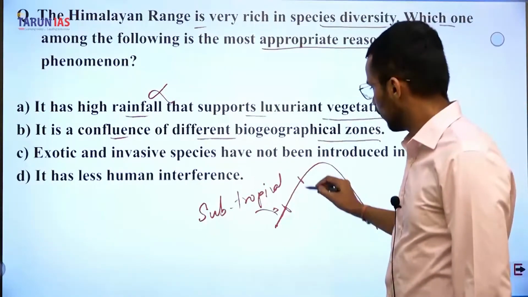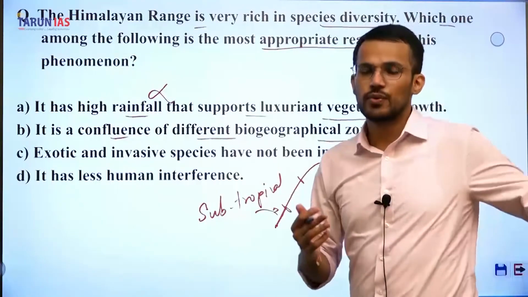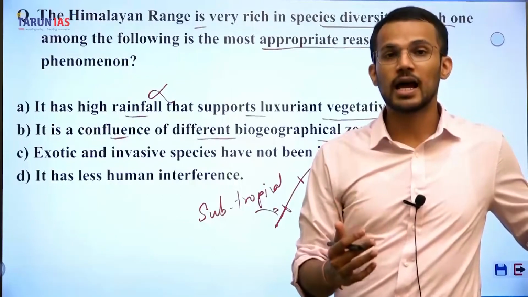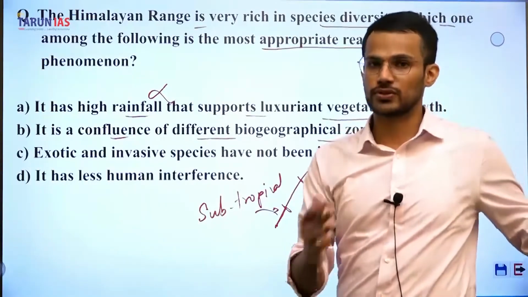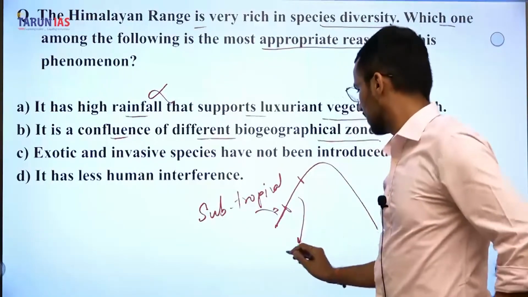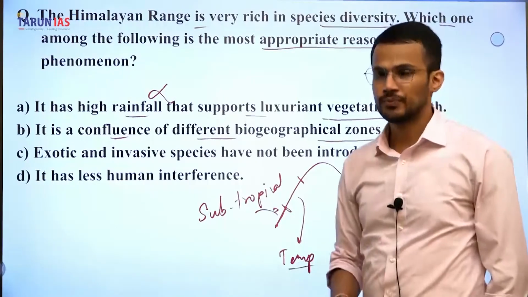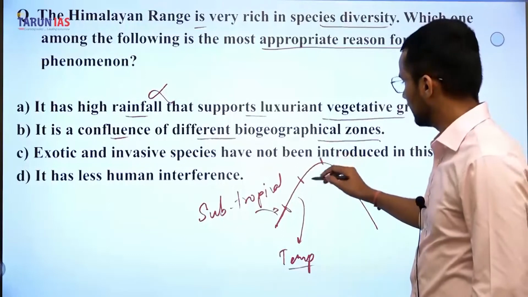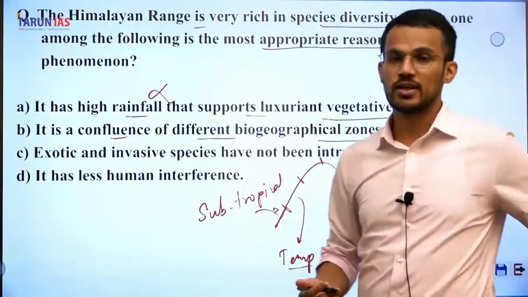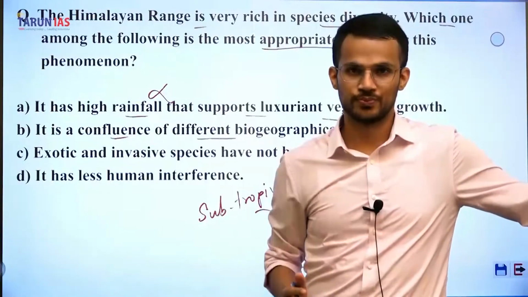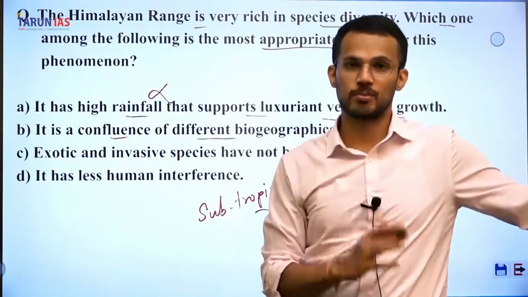Thereafter, we will have certain areas where rainfall is very minuscule, but they have sufficient amount of snowfall, and they are the temperate locations, right? And thereafter, at the summits of mountains, we will have the presence of tundra biome, alpine tundra biome.